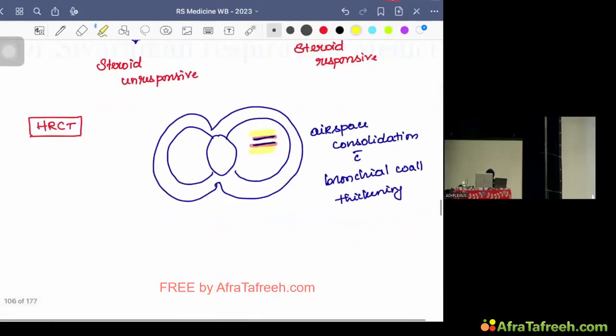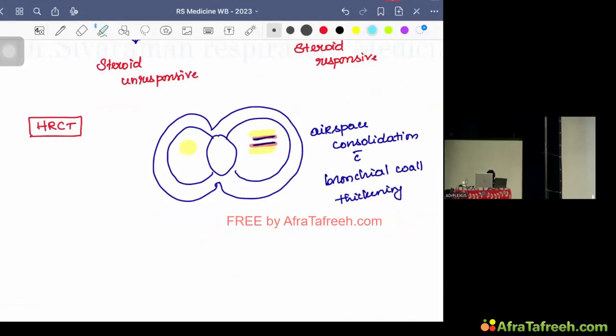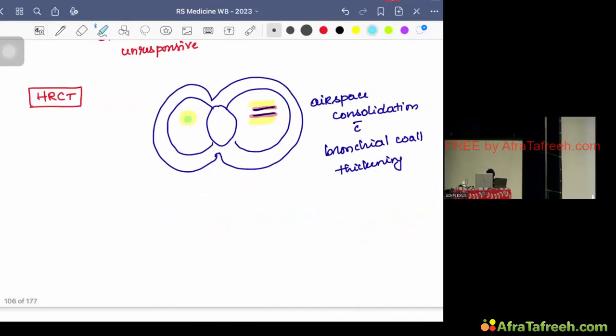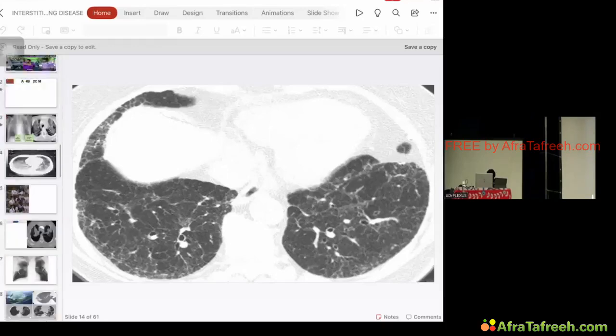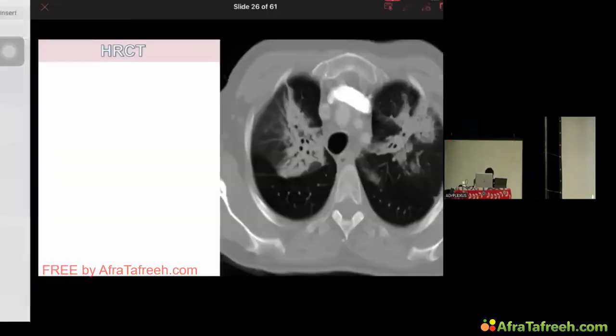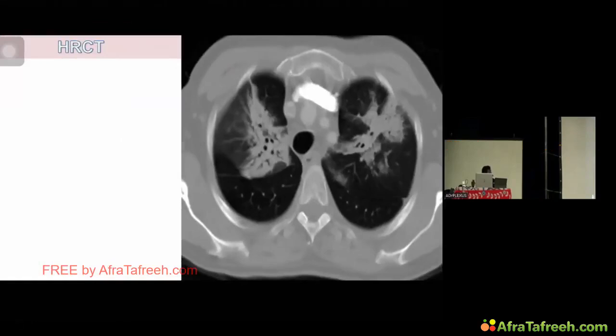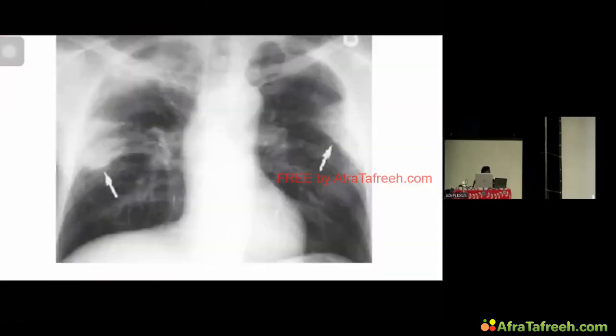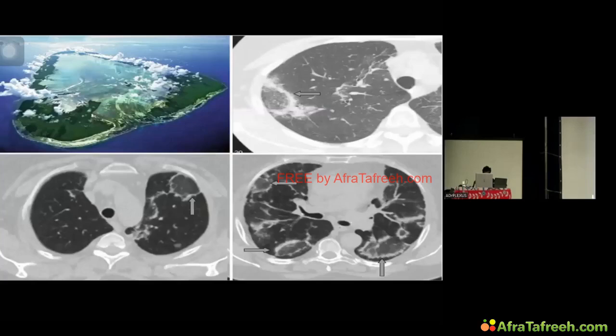Whenever you see this, it will have an appearance which looks more or less like this. You get air space consolidation with the bronchial wall or airway thickening, and it will resemble this.